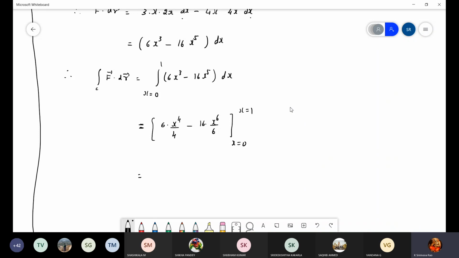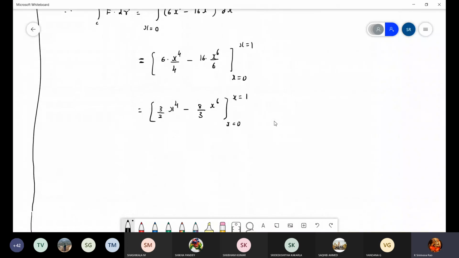Yes, you can simplify this. This is 3 by 2 x power 4 minus 8 by 3 x power 6, from x equals 0 to x equals 1. Substitute. You will get 3 by 2 into 1 minus 8 by 3 into 1 when x is equal to 1.